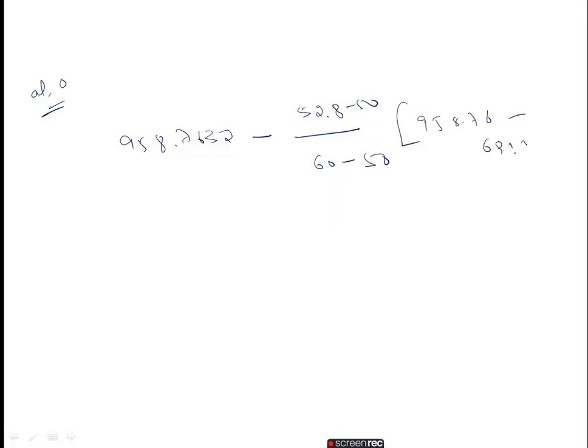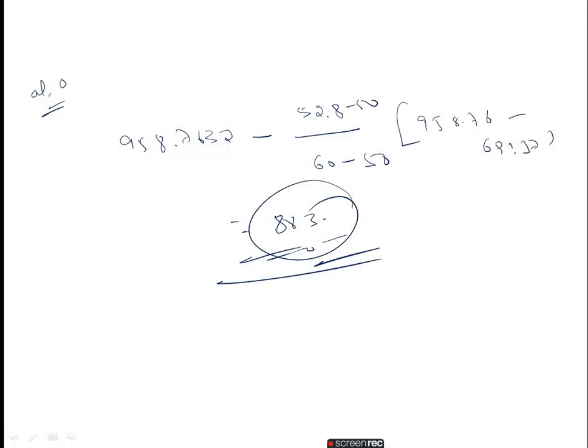At point O, 958.7632 minus (52.8 minus 50) by (60 minus 50) into (958.76 minus 691.37). We will get around 883. So this is the interpolation. I think in mathematics you already learned this, but again I am refreshing it. So now we got this value.